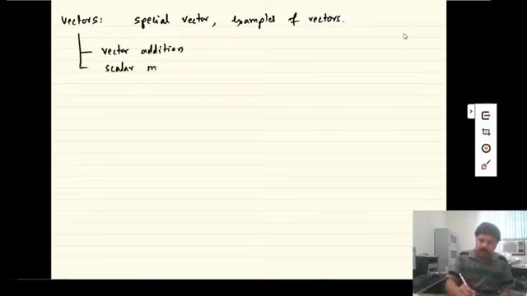So these are the two operations that we studied. And then combining these two operations, we understood what a linear combination of vectors is.